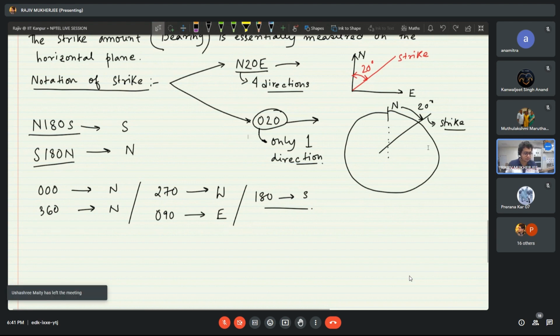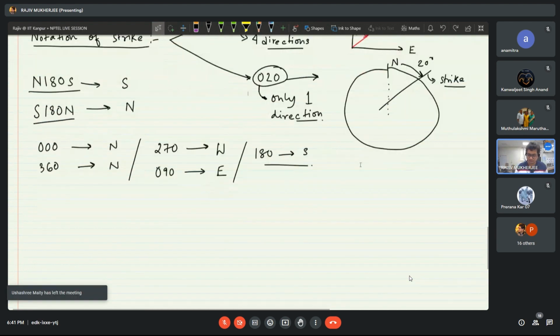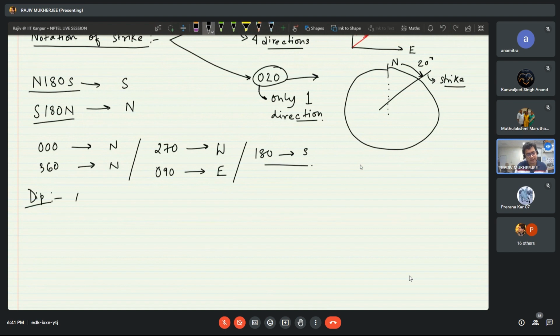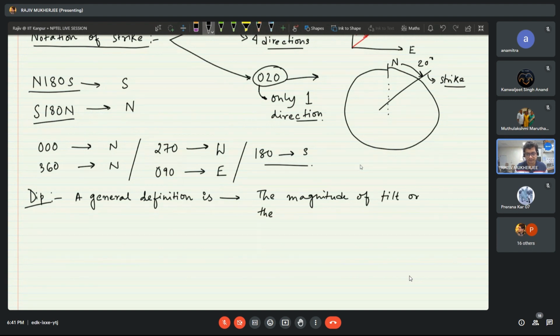Okay, now coming to dip. A general definition is the magnitude of tilt or the inclination of a plane, right?